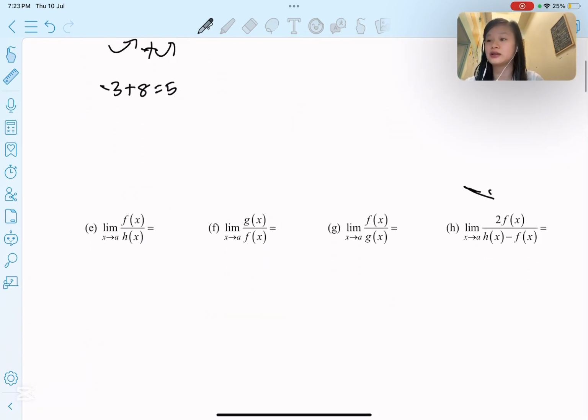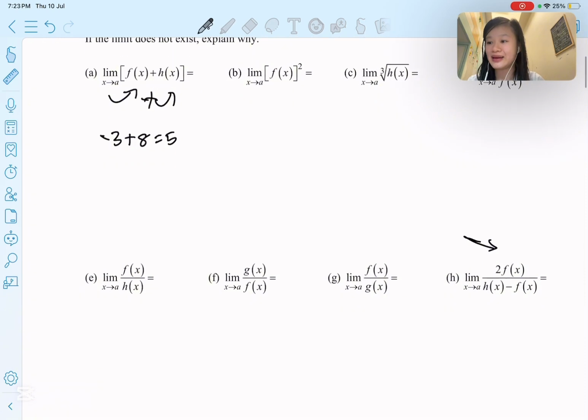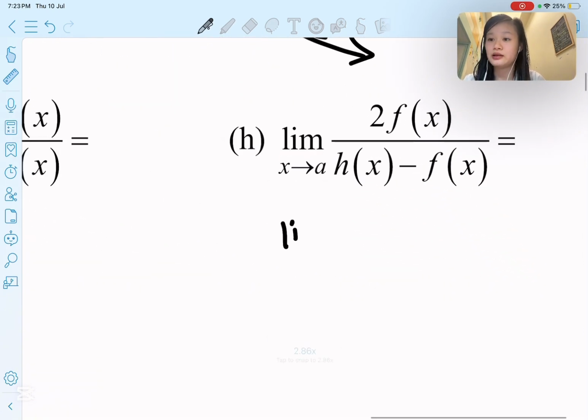And for harder stuff like this, of course your notation has to be better. As an example, I'll say limit of 2, because you can bring this out, right?